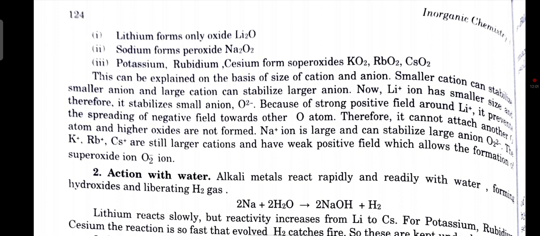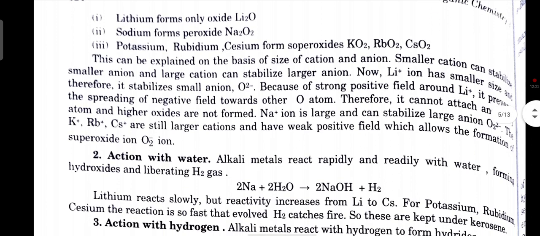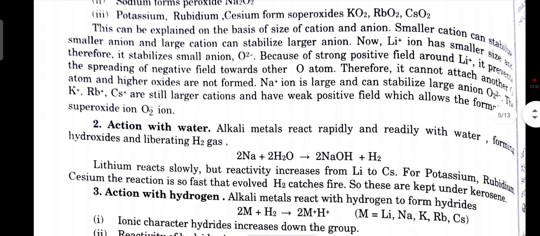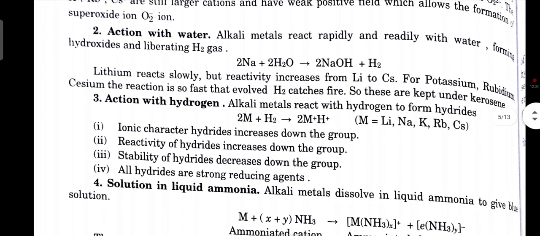Na positive is large in size and can stabilize a large anion. Potassium, rubidium and cesium are still larger cations and have weak positive fields which allow the formation of the superoxide ion. Now we will discuss action with water.